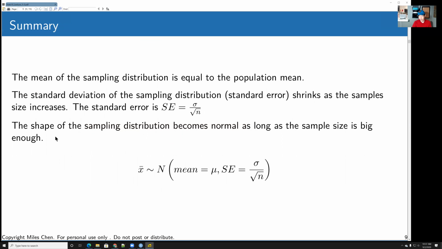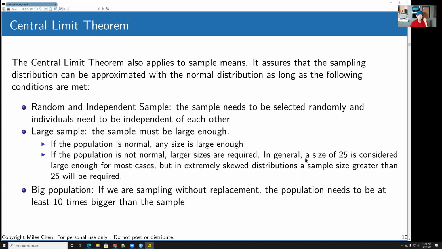So even when your population looks nothing like normal, looks totally crazy, is dichotomous or whatever it is, the shape of the sampling distribution ends up becoming normal as long as the sample size is big enough. And so this phenomenon is known as the central limit theorem.